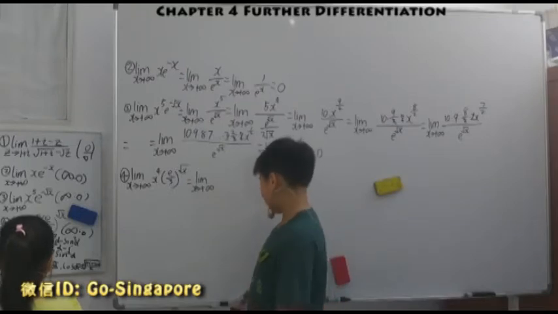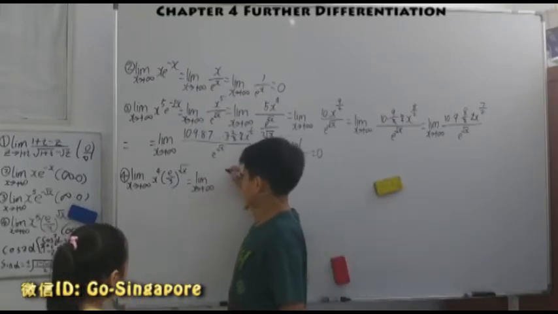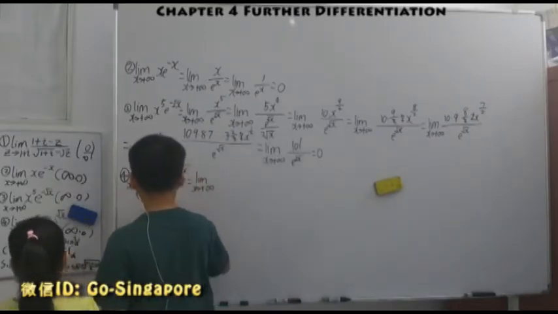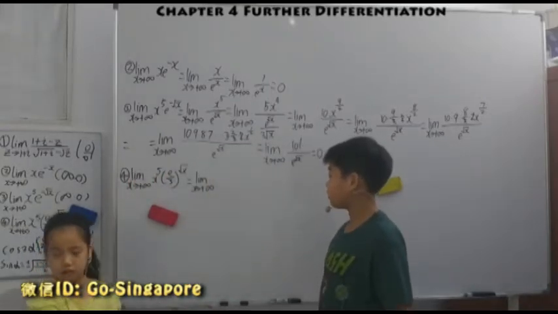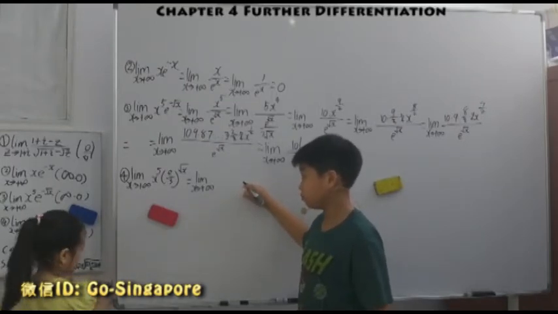So this is limit x approaches positive infinity. I just copied this. Why did you copy the wrong name? It's a 5, right? Okay. Remember, we're still using L'Hopital's rule.